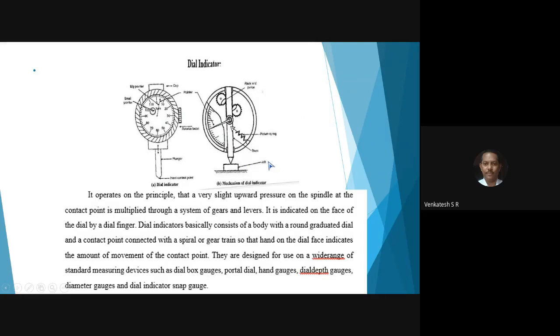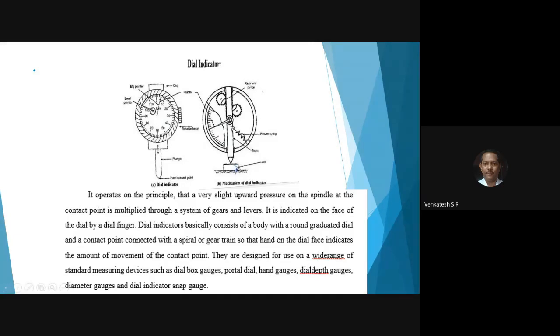Then, to compare the dimension of the workpiece with the standard, what you have to do is set the upper limit and lower limit, that is the rotation of the pointer, that may be 100 times or 200 times.